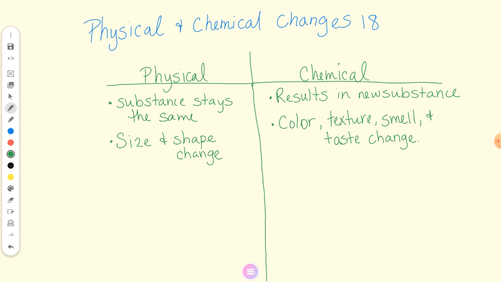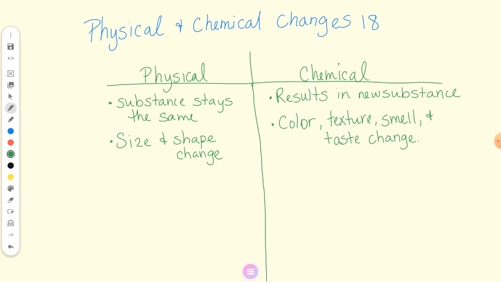So, do we think digesting food is a physical change or a chemical change, and why? Hutley? Physical, because if you're digesting food, that means you're changing its size and shape.